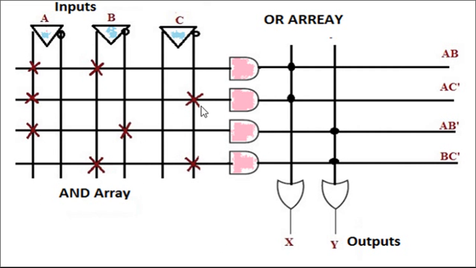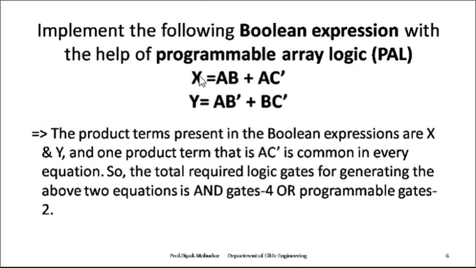Now we can see the logic diagram implementation. If you look at the diagram, it looks the same as your previous implementation logic. So here the inputs are A, A dash, B, B dash, C, C dash, like this; you can mark the lines. Then one line for the input of each AND gate, like this. Then we check what X is equal to: first AB, AC dash, right?